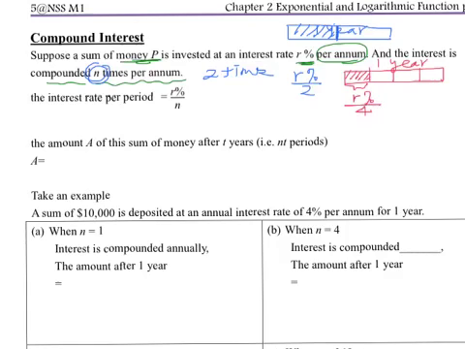So the amount after t years is equal to P times 1 plus R% divided by n, to the power of the number of periods. This part is the interest in 1 period.